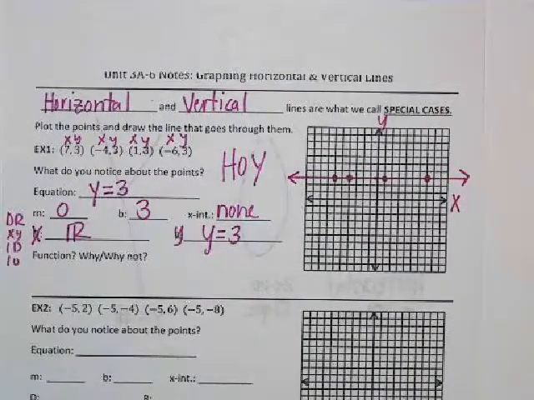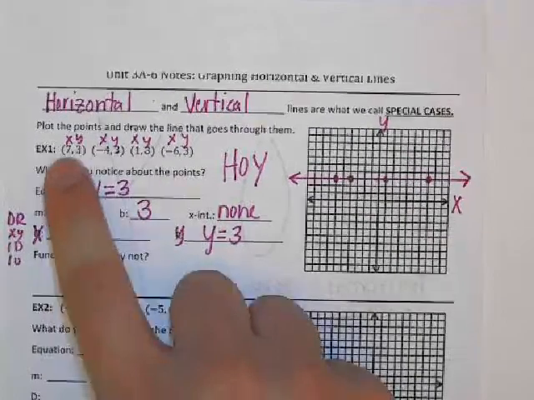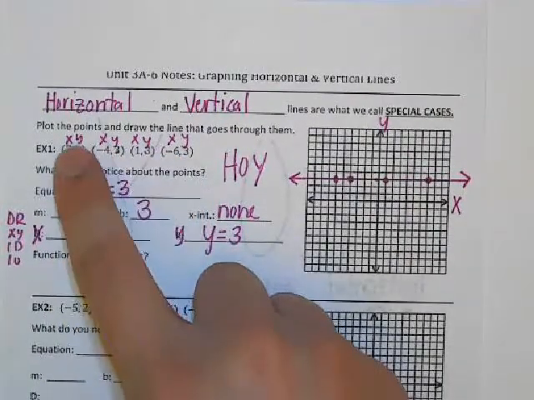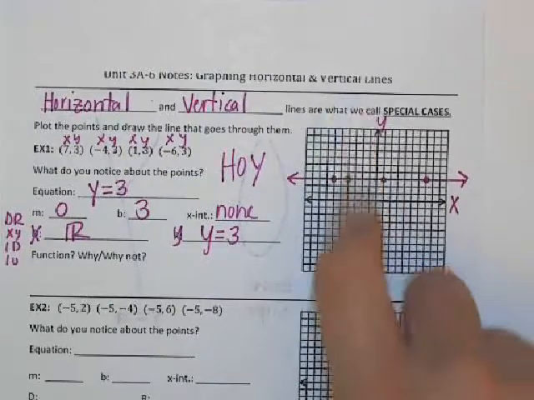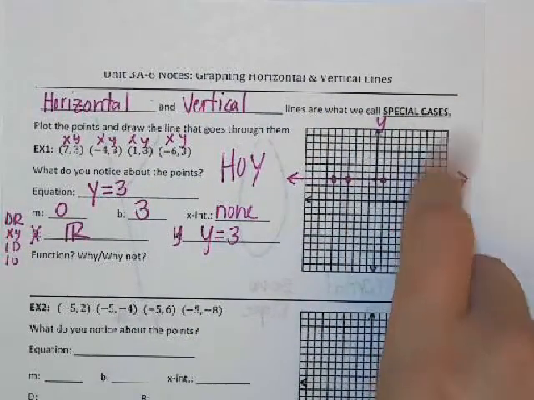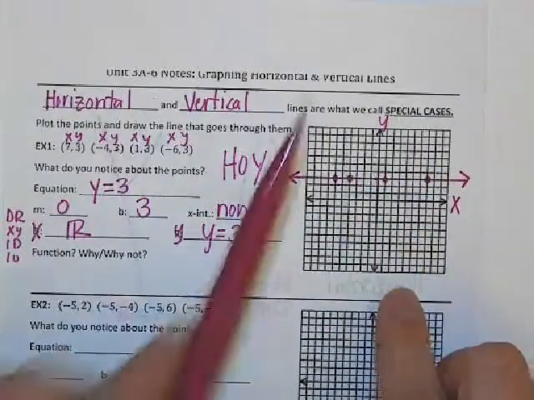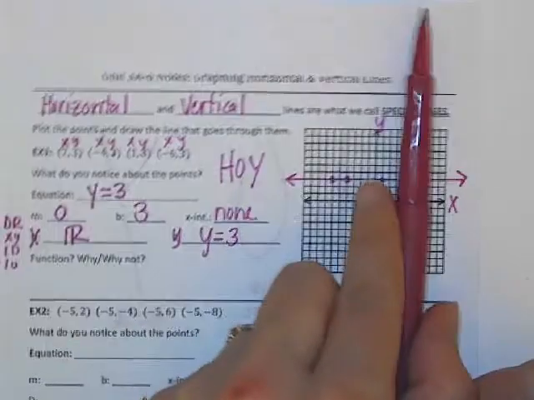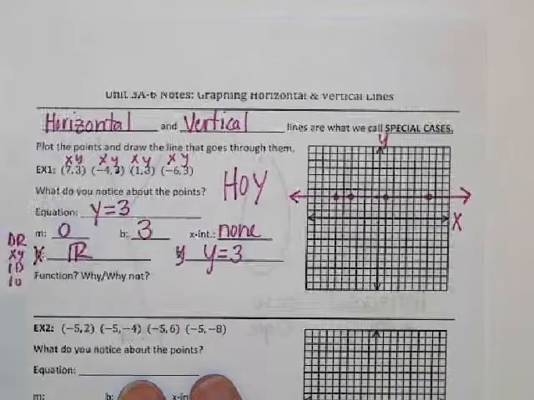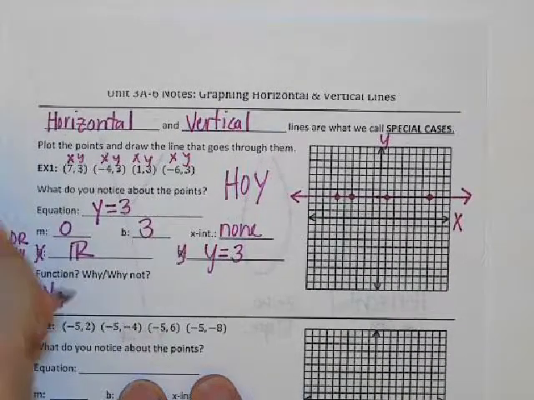Is this a function? How do I determine if it's a function or not? If the x's repeat, I can look here and see if the x's repeat, or I could do the vertical line test. Would it pass the vertical line test? If I drew a vertical line anywhere, it would only touch the line once. So yes.